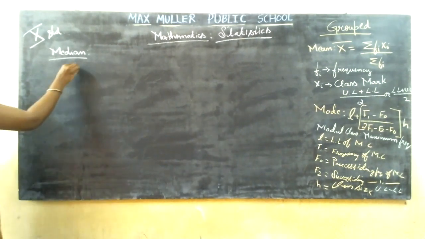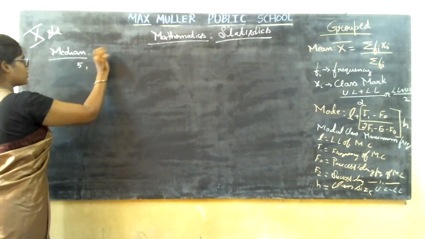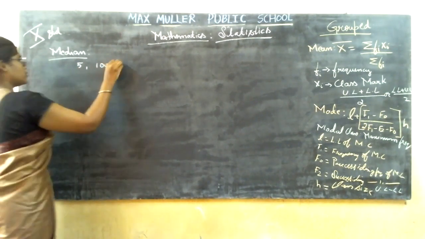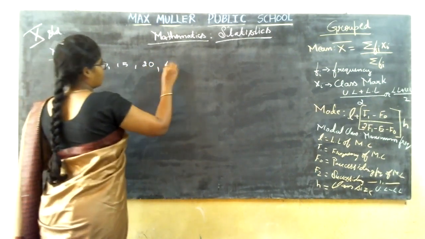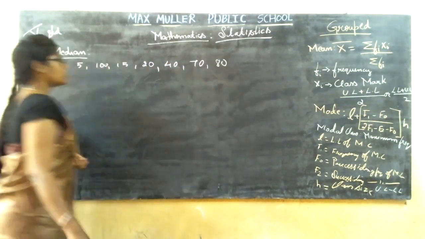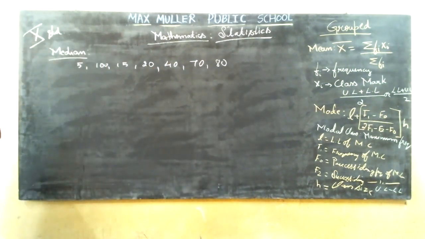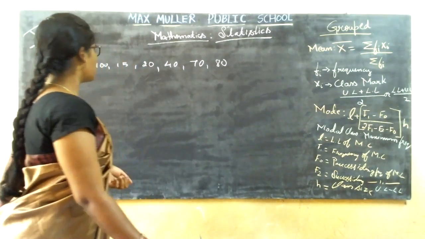For example, let me take 5, 100, 15, 20, 40, 70, 80. These are the scores, that is the ungrouped scores you have got.